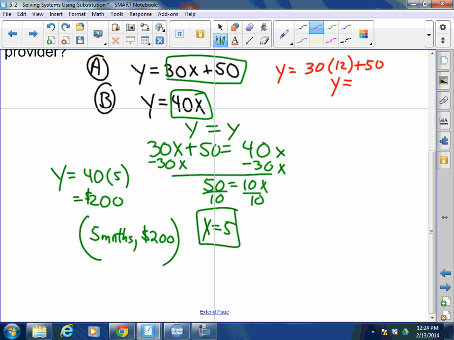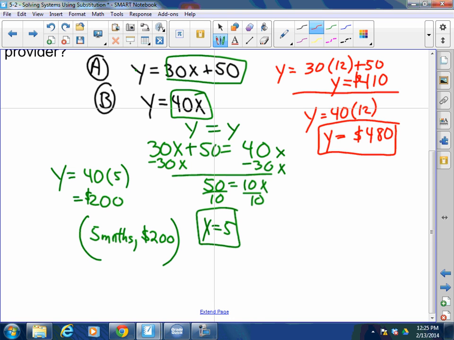So for 1 year plan A, it'd be $410. As opposed to Y equals 40 times 12, Y would equal $480. So believe it or not, even though this had a $50 setup fee, this is the cheaper plan if you're going to have it for 1 year.